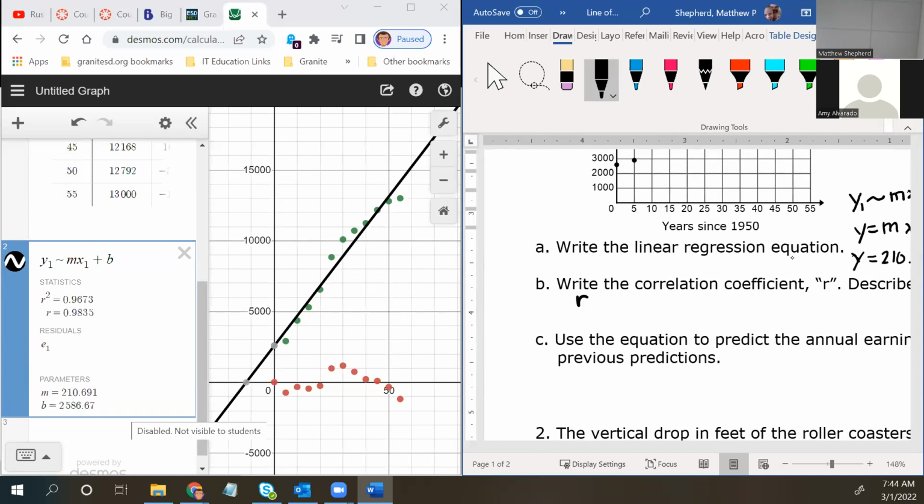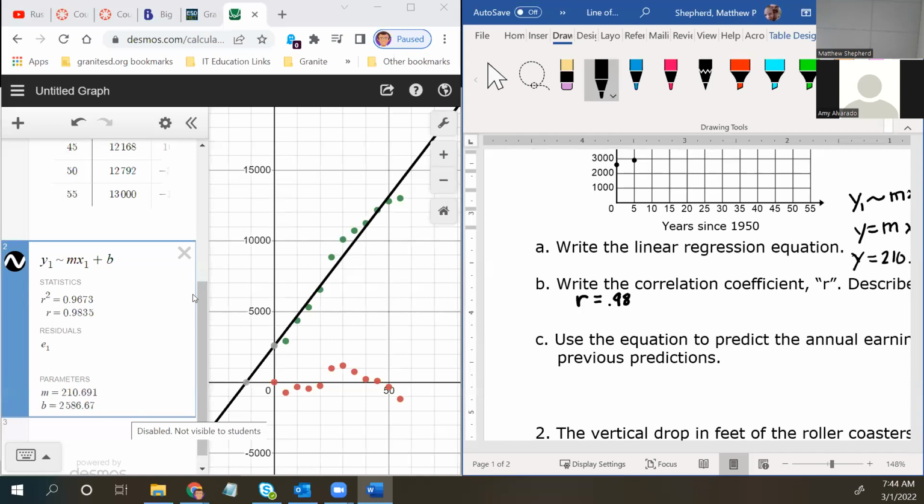Okay, next one says, write the correlation coefficient R, describe how closely it fits. So R, and you can see it over here in Desmos, R equaled 0.98. Now, the closer it is to a 1 or a -1, the better the fit is. This is very close to a 1. For more information on which ranges you call strong, moderate, or weak, or no correlation, go back and watch the 4.5 video in which I go through all of that.